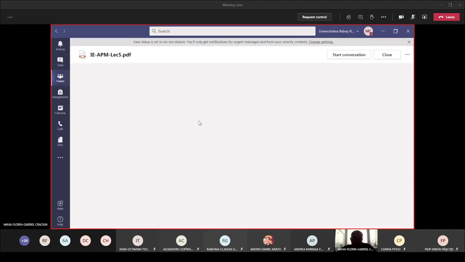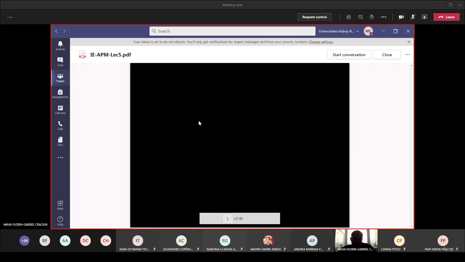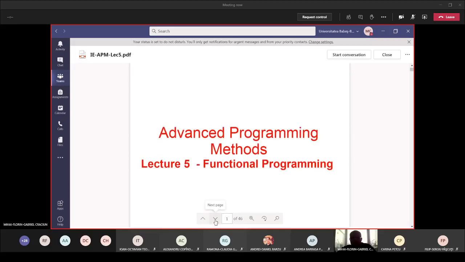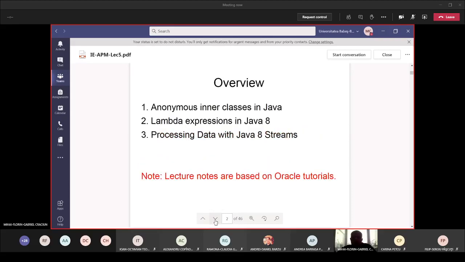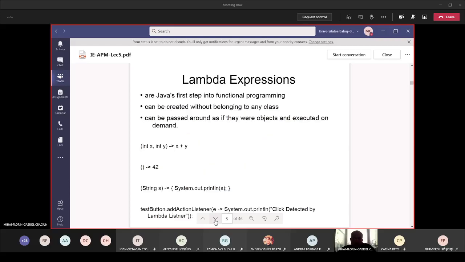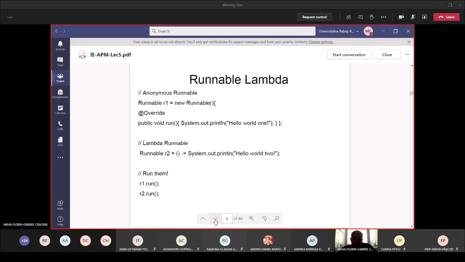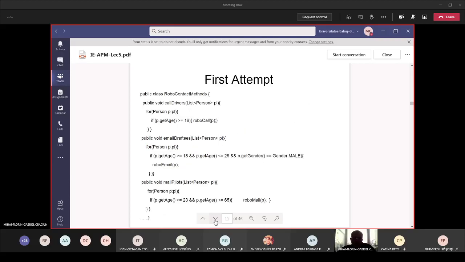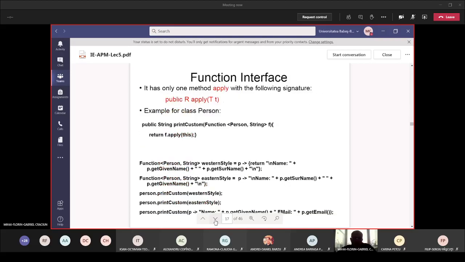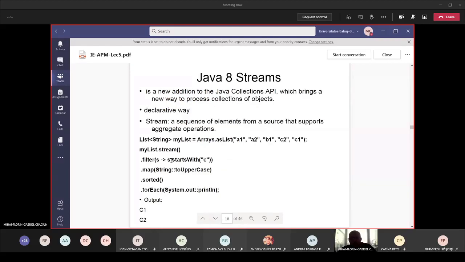Lecture number 5 is functional programming. From here, for sure, you will get a problem. Perhaps the difficulty of that problem will be at the level of this example, where we have a list, then we have a stream, a filter, a map, a sorting, and after that we close the stream and we print the result.